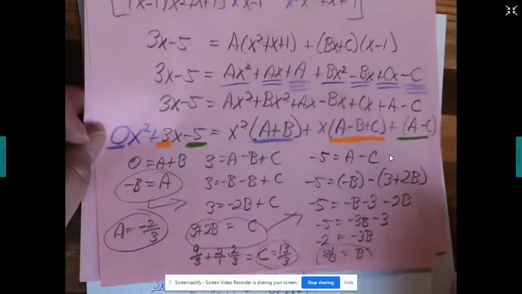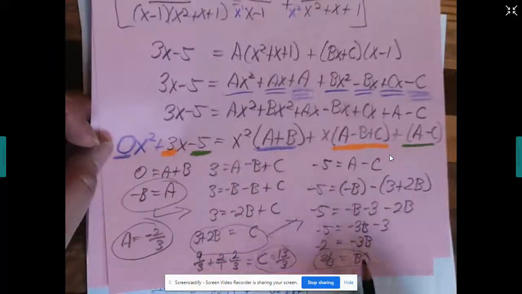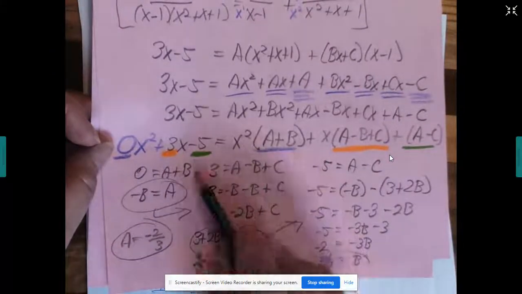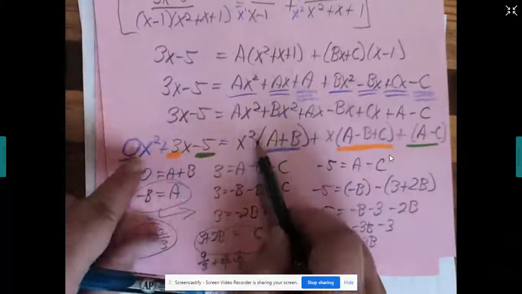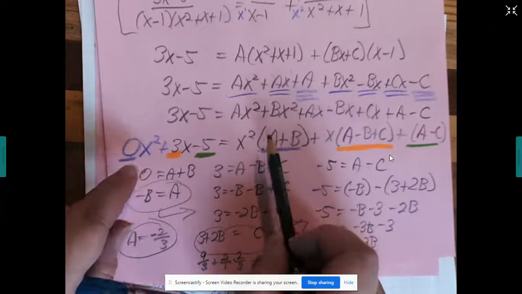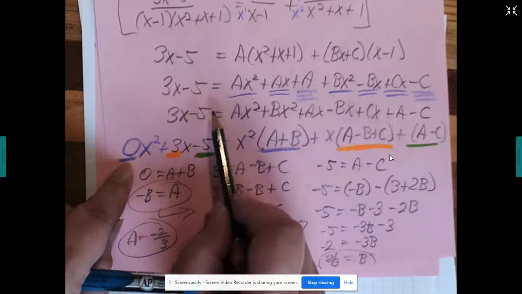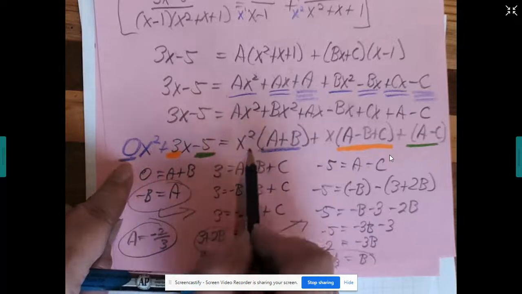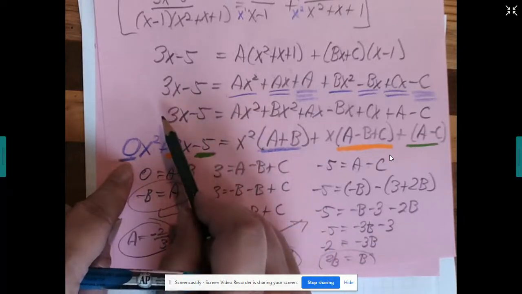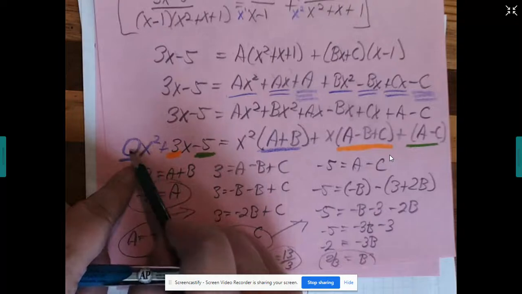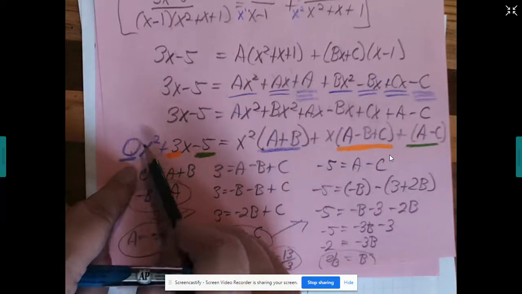After you've found those answers, the A, B, and the C, three equations, right? Here's one thing to remember on this. This side of the equation has no x squared terms. So if you have no x squared terms, you're going to put in 0. We have 0 x squared terms.